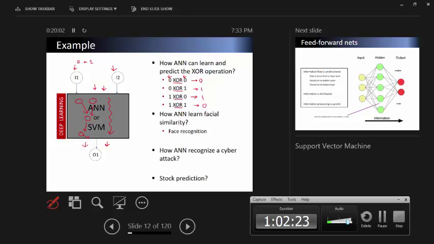If we have more depth of neurons and linkages, we call that deep learning. This is deep learning. If you do not have such a learning mechanism, we don't call it learning, right?